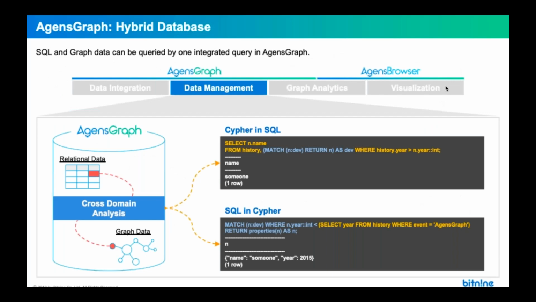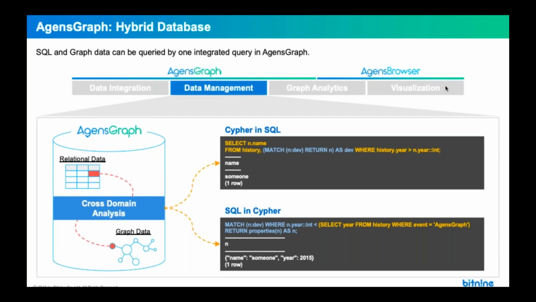To give you a little background of what Agents Graph can offer and why it can be a good solution to your use case or problem: as I mentioned, Agents Graph is a multi-model database. That means you can have your data in the same storage, but in different structures and models.